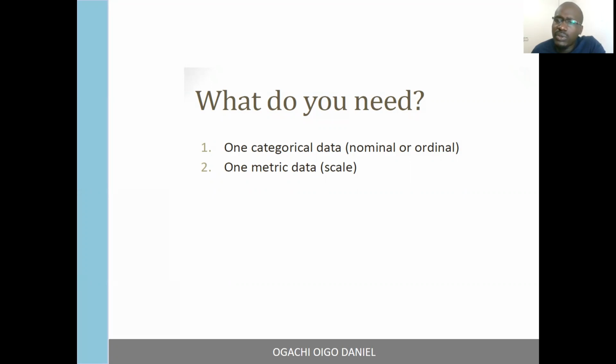But ordinal is data or variables that are in order. For instance, the level of education, where we can say somebody has a certificate, a diploma, higher diploma, undergraduate, master's or a PhD or doctorate. Those are very important aspects to understand before you start doing your hypothesis testing.